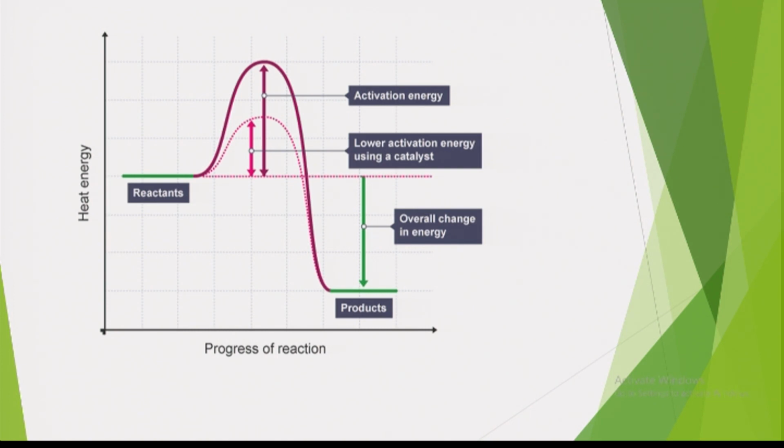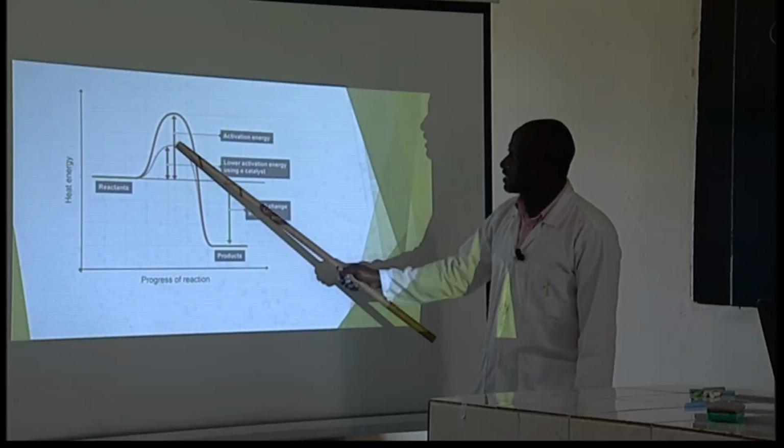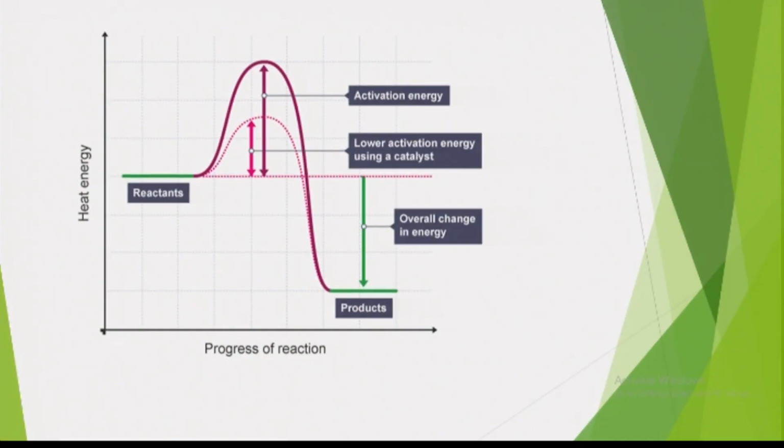you can mention. So you see, this is an alternative route. This alternative route has got a lower activation energy. That means for the reaction to come here, it has to pass through all this hill. This is very steep.